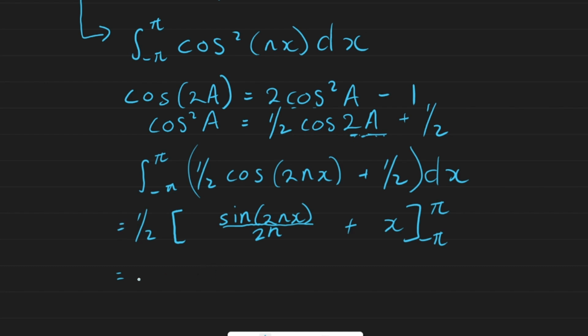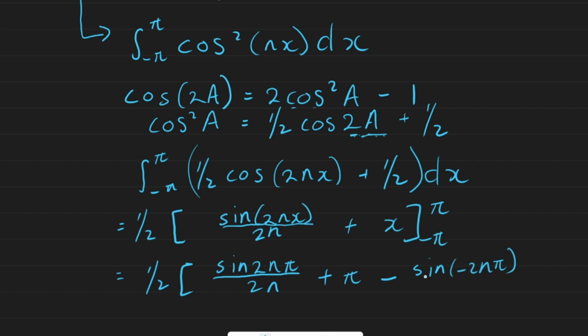So once we substitute in pi, we get half times sine of 2n pi divided by 2n plus pi. Then minus, substitute in minus pi here, sine of minus 2n pi divided by 2n and minus pi. So remember, it's going to be minus here, and so we have minus minus pi.